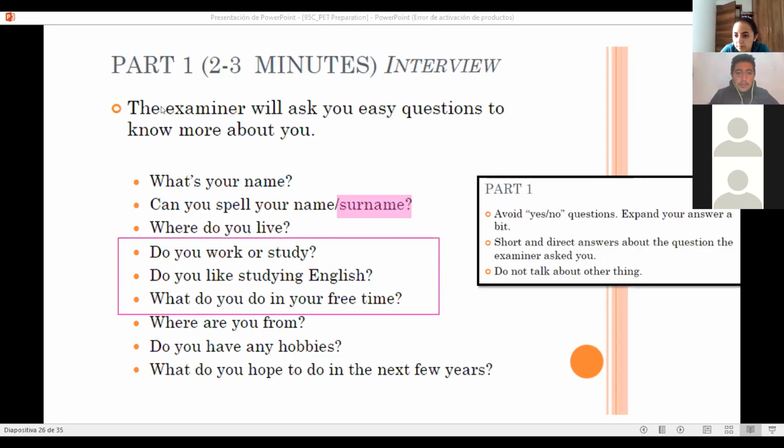Can you help me please reading the next 3 questions? Help me reading the 3 following questions. Please, Nikki. Do you work or study? Do you like studying English? And what do you do in your free time? Exactly.